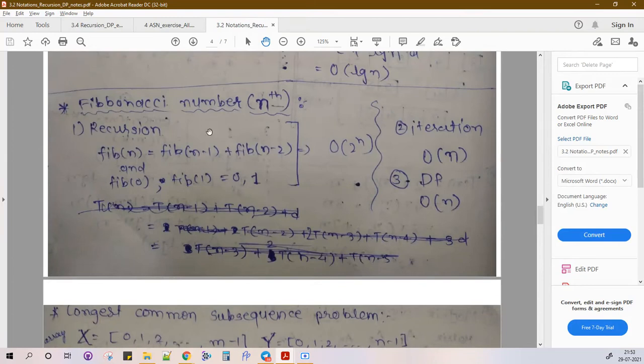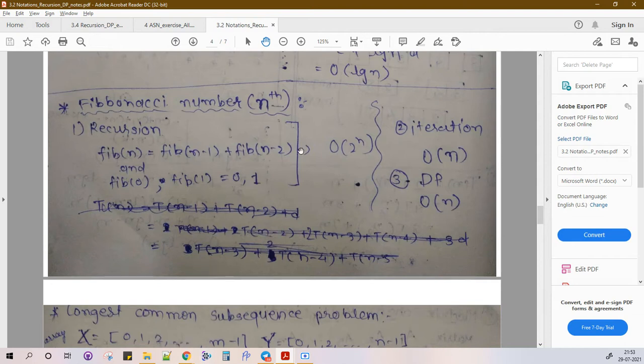If you solve the Fibonacci number series using recursion, then it is order of 2^n. I guess we had one complete session on recursion, where we wrote the program based on recursion, dynamic programming with memoization, and iterative. I guess the notebook is available on my GitHub repo.